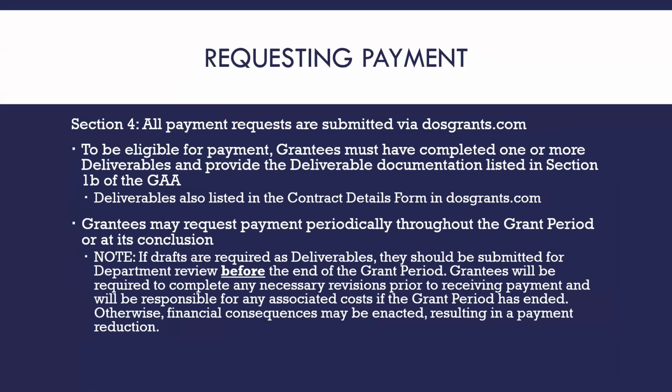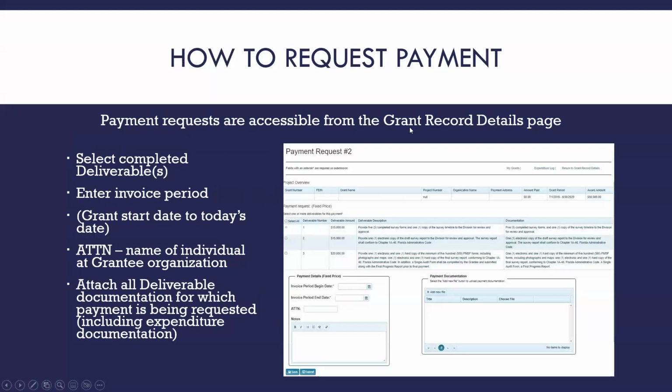For the remaining deliverables, you will need to provide invoices and checks and bank statements, photographs of your work. So just keep those things in mind as you're moving forward with the grant.